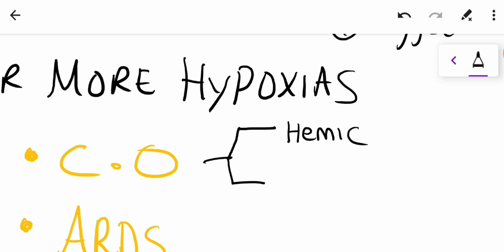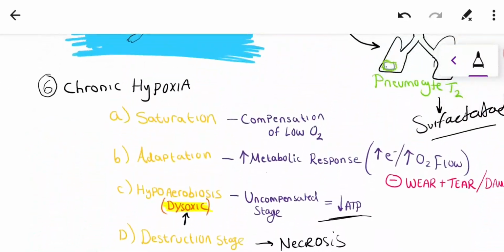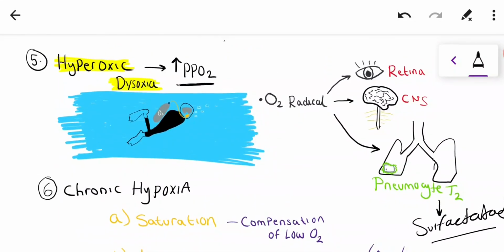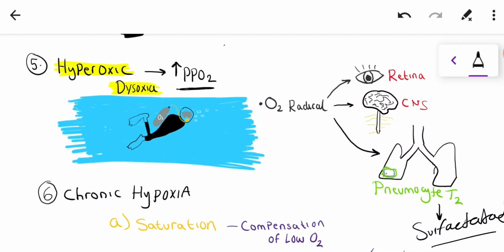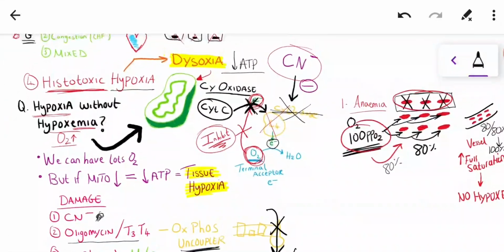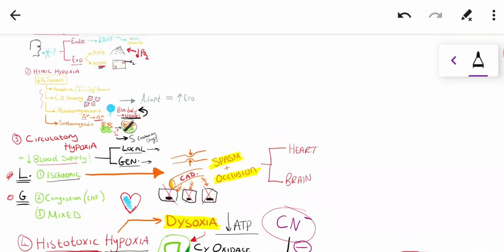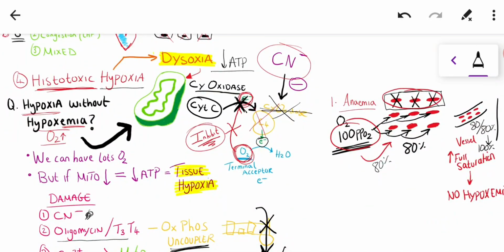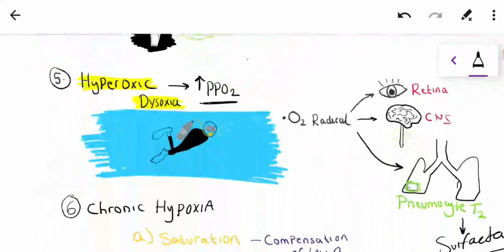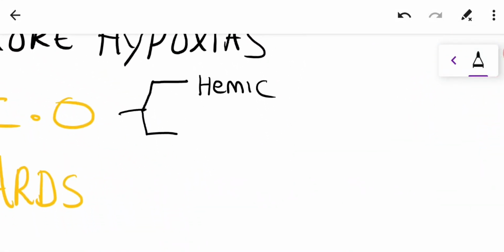Not hypoxic, not histotoxic. Let's have a look. It might be chronic as well. Histotoxic is not really. Yeah, it might be histotoxic as well. But let's just say chronic as well.